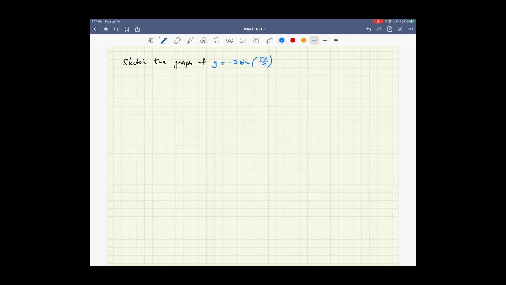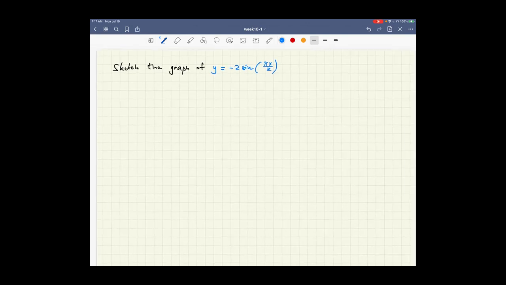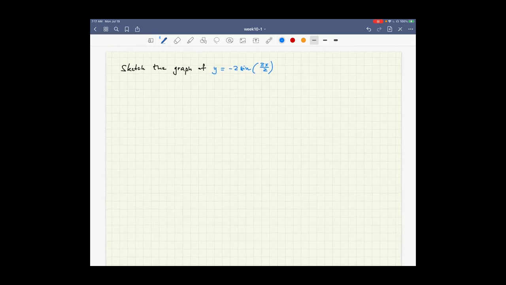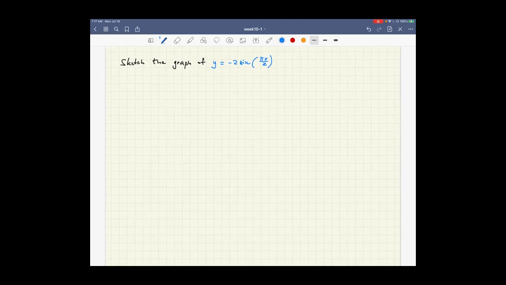So rather than drawing it point by point, I think it will be much better if we draw it as a sequence of transformations of the sine function. It's important to practice drawing the graph of classical functions, sine and cosine. So let me draw coordinate axes.